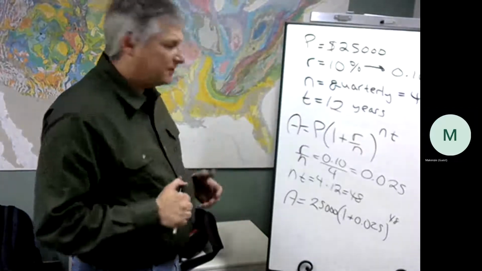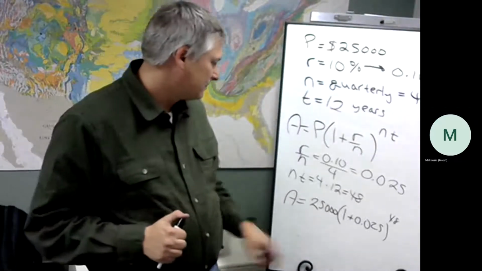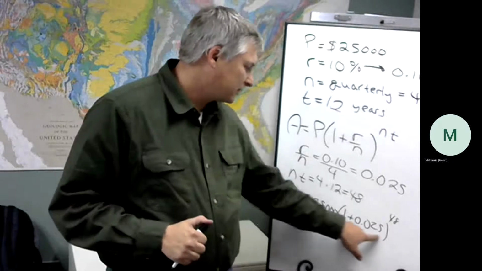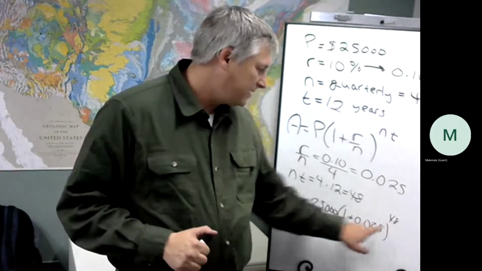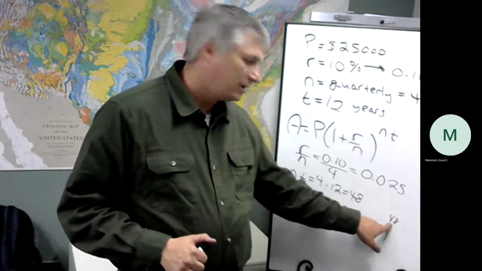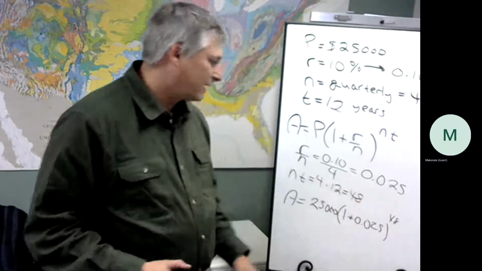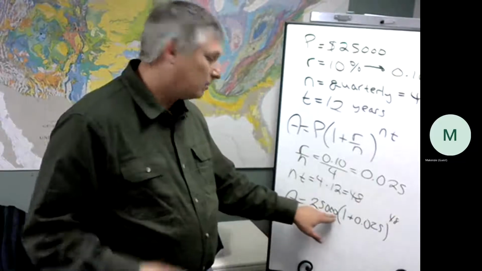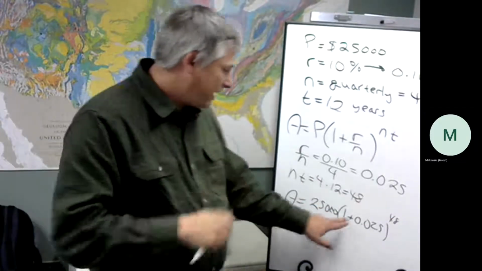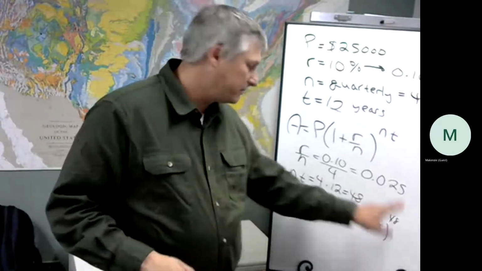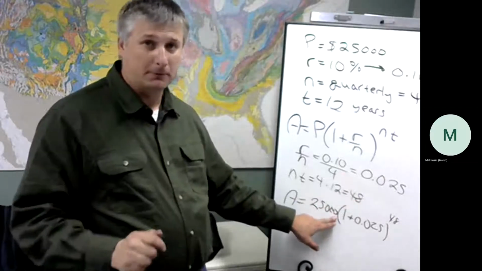So what you want to do in this calculation, you want to do it in the parentheses first. Then once you get a number here, apply the exponent. And then once you get a number after applying the exponent, you multiply last. So you add first, use the exponent, at the end, multiply.